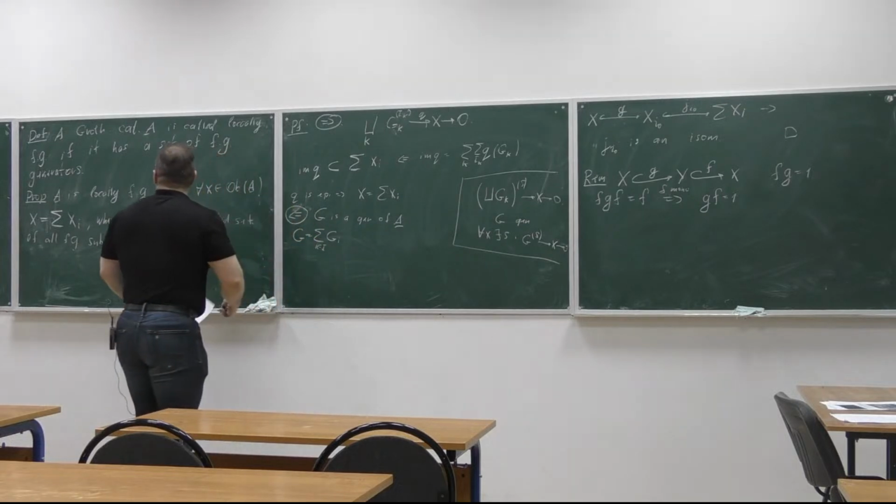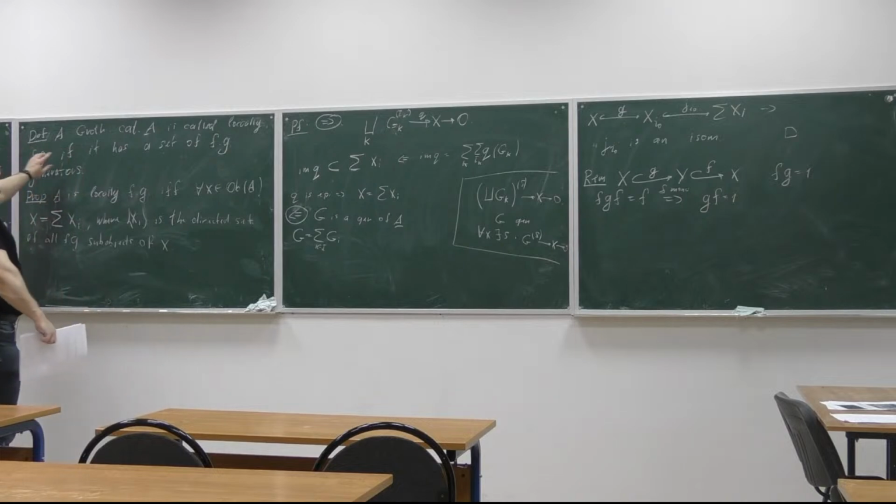And this is the family. So this is a set of finitely generated generators. All of them finitely generated by the construction. And if G generates everything, then the sum of these generates everything.